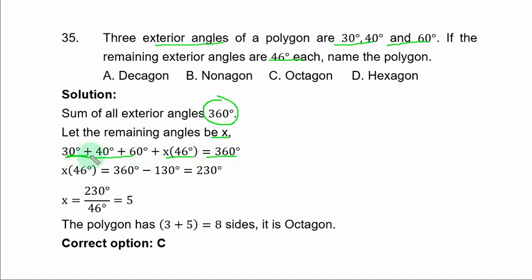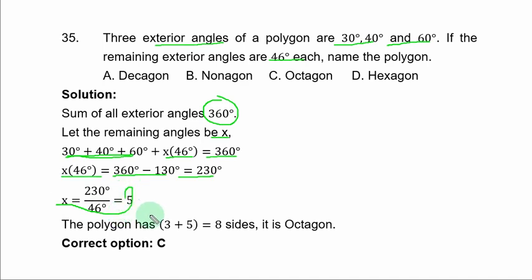If you add these 3 angles, you have 130. If you transfer it, you have S times 46 degrees equal to 360 degrees minus 130, and that is 230. To get S, divide both sides by 46 degrees, and S is equal to 5.